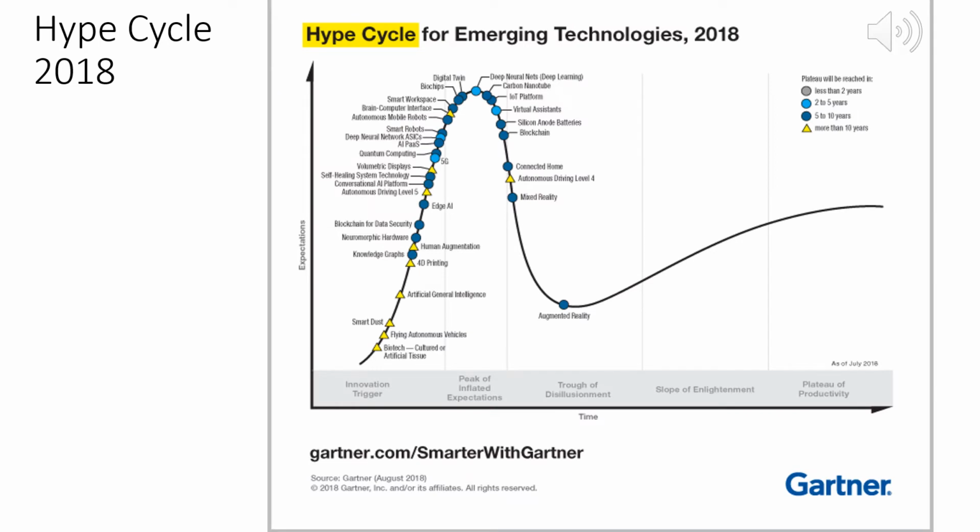Now let's go through the same exercise that we have done for 2017, but now for 2018. Let's find some of the technologies that seem to be including cloud computing. And we find here potential flying autonomous vehicles.